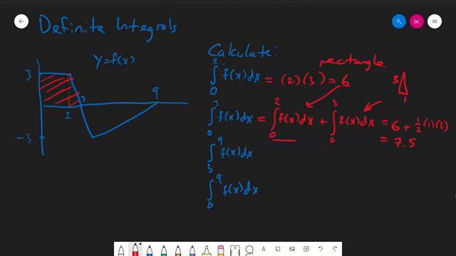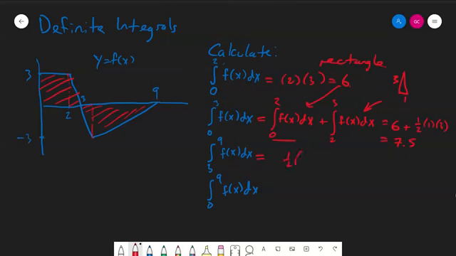Now for 3 to 9, for that integral, my function is completely below the x-axis. So what do I have here? I have this piece right here. Again, though, that's just a triangle, right? It's a triangle where I have a base, which is 6, and a height, this value here, which is 3.